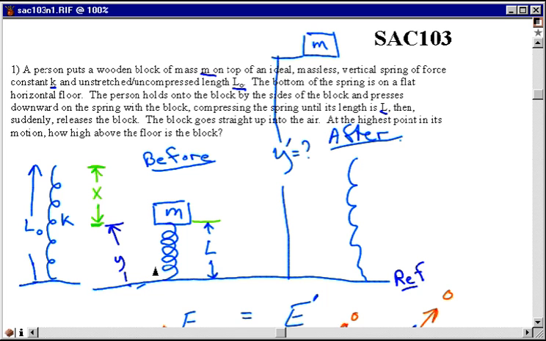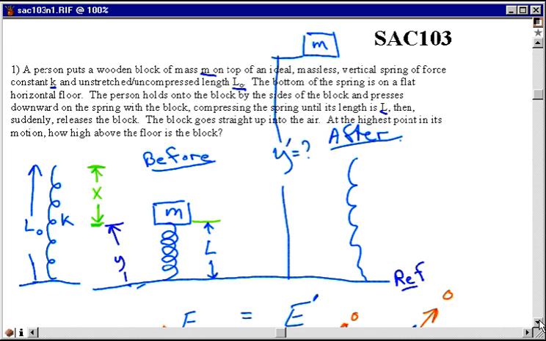Another way you could have looked at that is include half the height of the block up here for the position of the center of mass to determine what I mean by y, but then have our reference for gravitational potential energy also be a half of the block height above the floor, and we get the same exact answer no matter what.